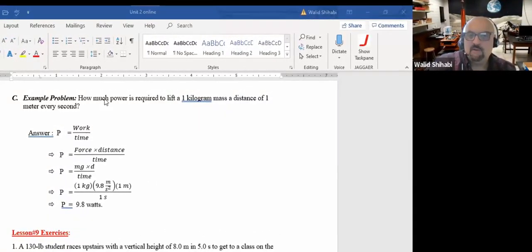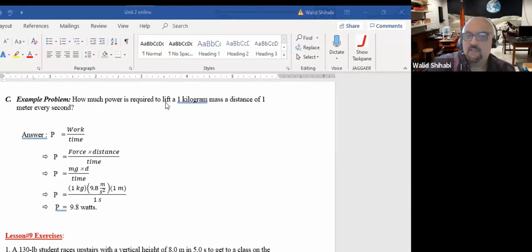And here, since you are working against gravity, because you are lifting the object, the force will be the weight of the object, mg. So the first step is to find the weight of the object, which represents the force you need to exert in order to lift that object, mass times g. So 1 kilogram times 9.8 will give you the force.